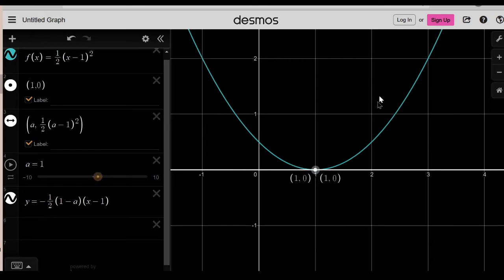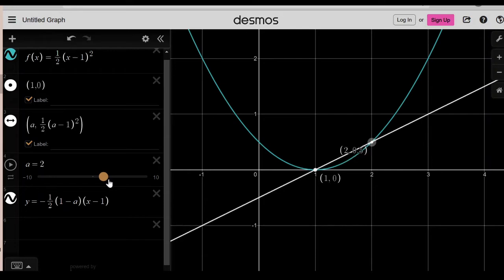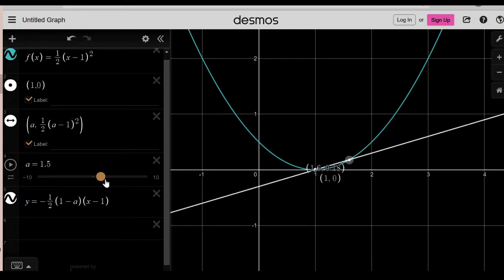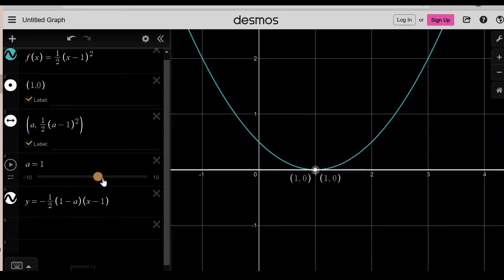Now, I have drawn it so that the right end point and the left end point have basically completely coincided. And when I did that, what happened to the secant line? As the right endpoint moved in toward the left endpoint, the secant line transformed into the tangent line.